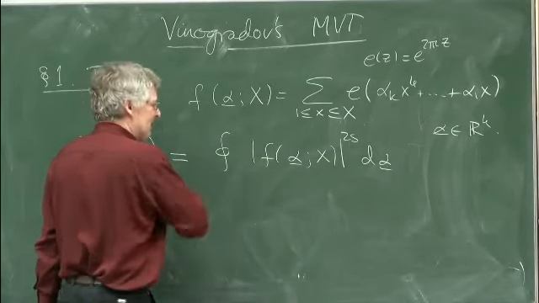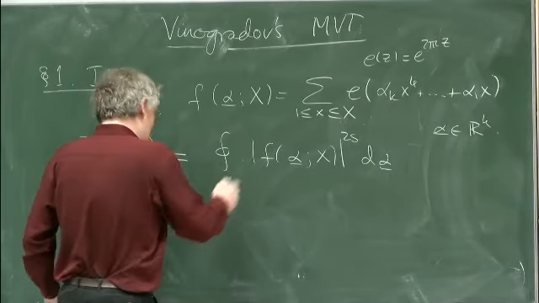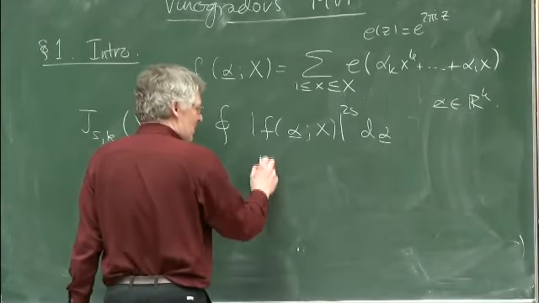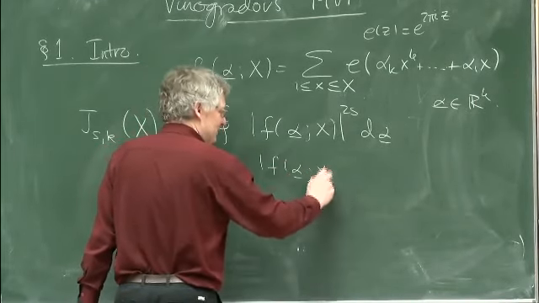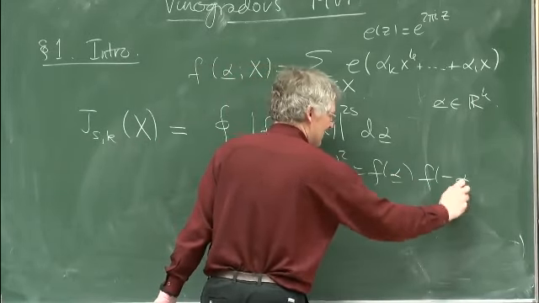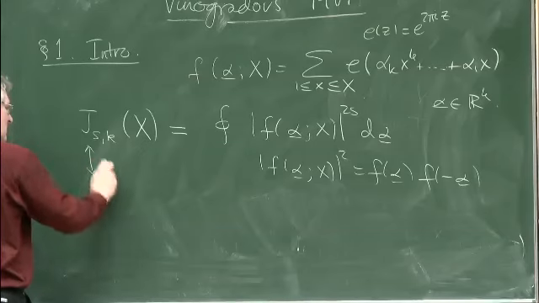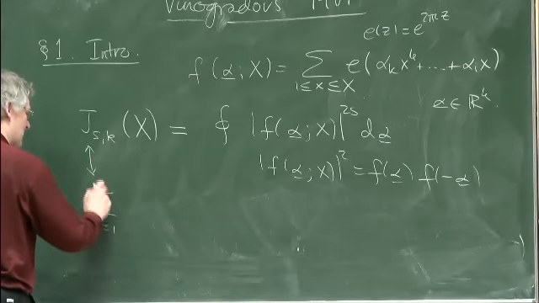And to save time, I'm now just drawing a little circle here to indicate that I integrate over whatever is the obvious torus here. And from orthogonality, I mean, after all, the modulus of f of alpha squared is just f of alpha times its conjugate, I can interpret this as the number of solutions of a system of Diophantine equations.